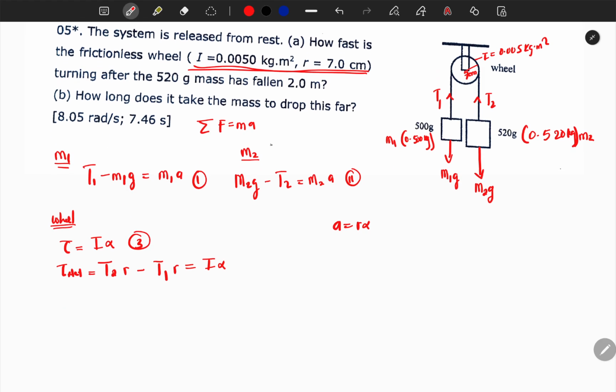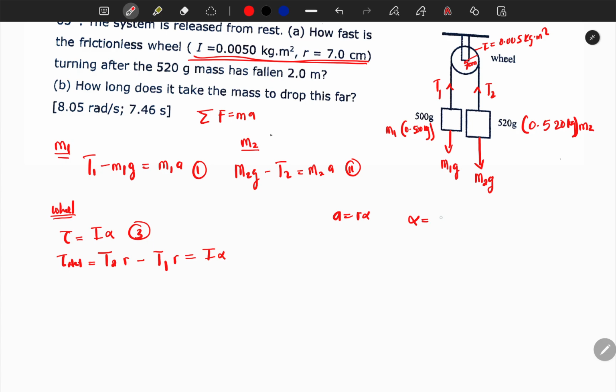That means we substitute the formula, which gives us A over R. So if we substitute there, we have T2R minus T1R is equal to I in brackets A over R. If I take out the R, multiplying both sides by R, I get T2 minus T1 is equal to I A over R squared.